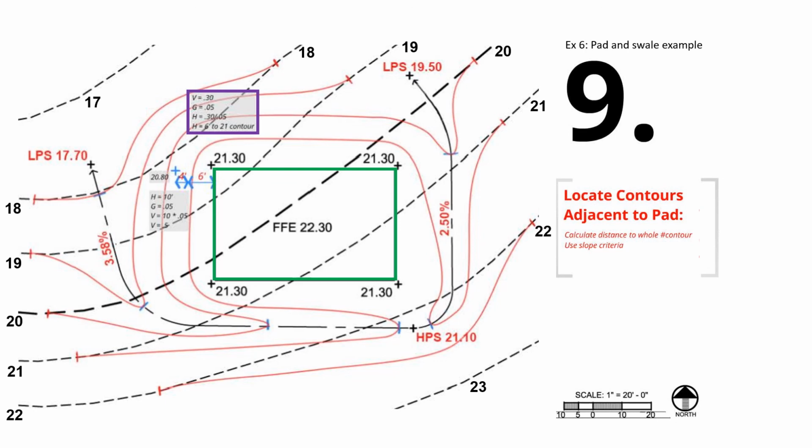So we use H equals V over G and plug in V equals 0.30 and G equals 0.05, and we get H equals 6 feet. That means the first contour needs to be at least 6 feet away from the pad edge. So with that, we're able to maintain the 5% slope for the first 6 feet.